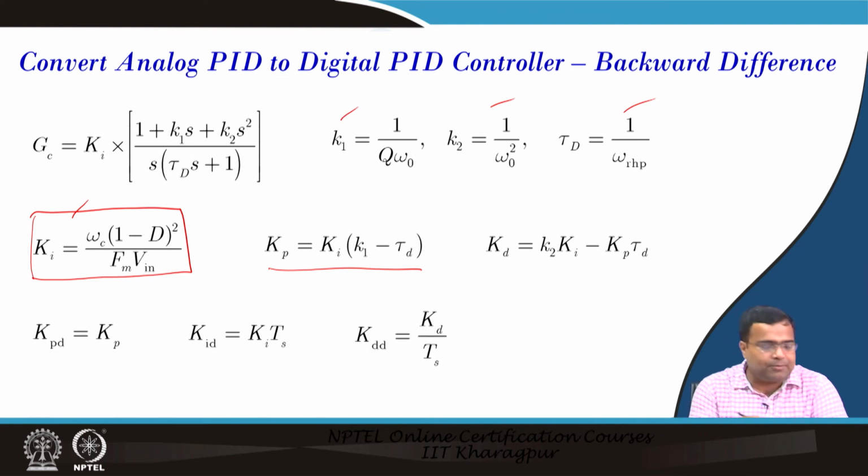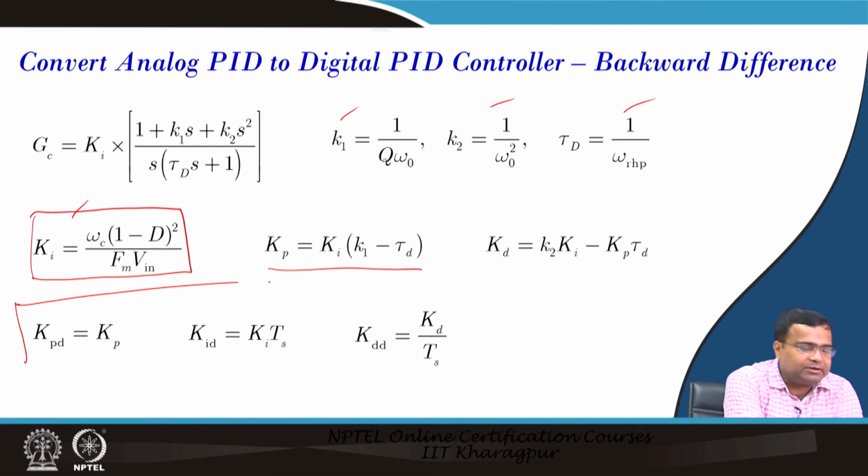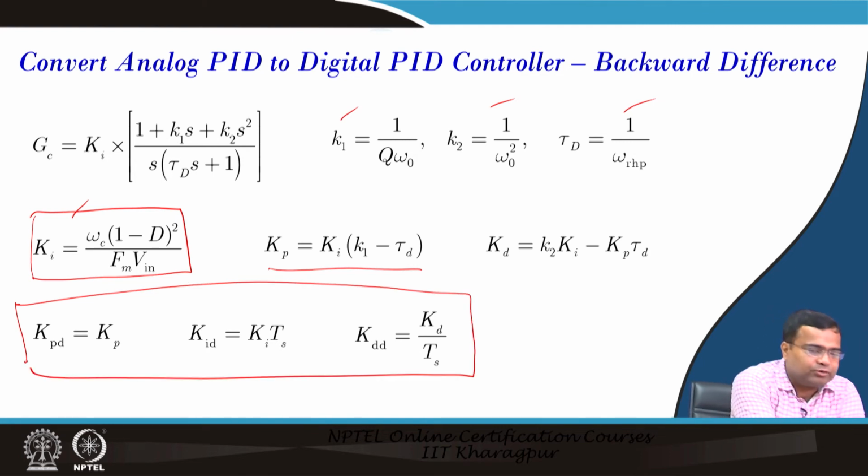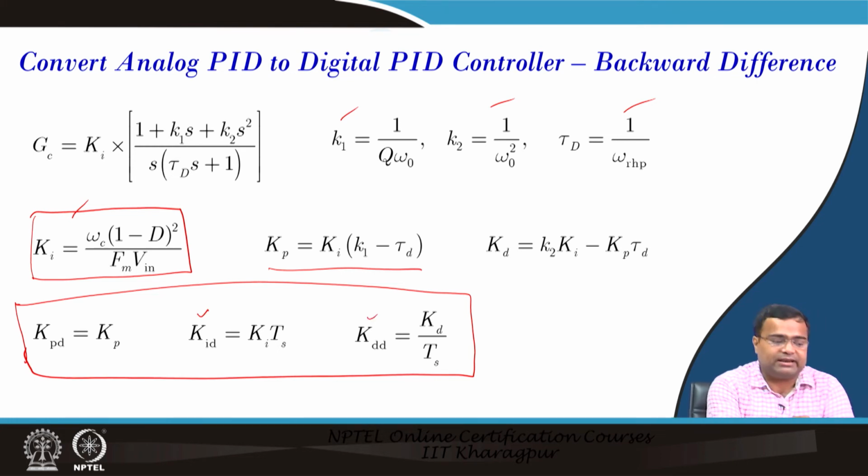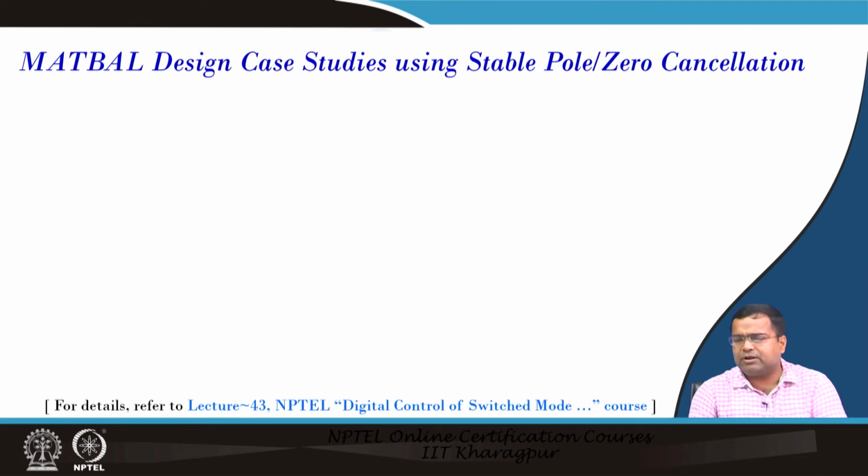We can find out individually the proportional gain and derivative gain in continuous time. Once we get them, we have to convert them to discrete time by means of the backward difference formula, where the proportional gain remains the same. The discrete time integral gain is the continuous time integral gain times the sampling time, and the discrete time derivative gain is the continuous time derivative gain divided by the sampling time, and this we discussed in lecture number 43.